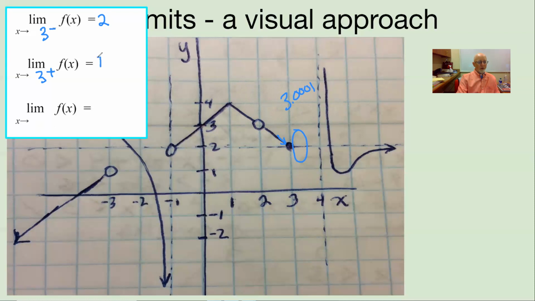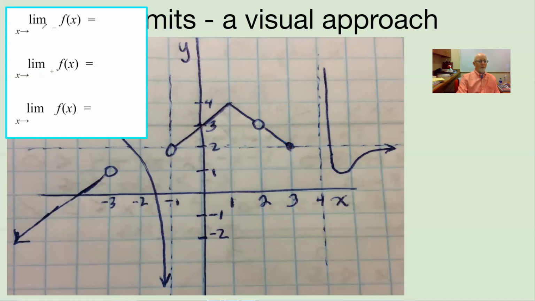So we have a domain restriction. We also have a does not exist for a limit. We can't have a limit if there's no function behavior. If the behavior is not doing anything at all for any values near it, that just isn't happening.